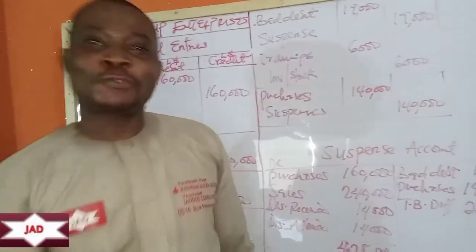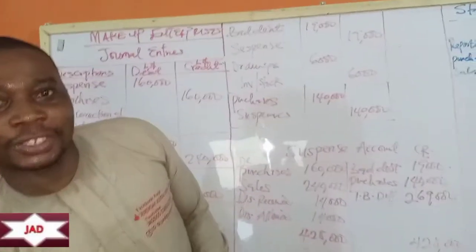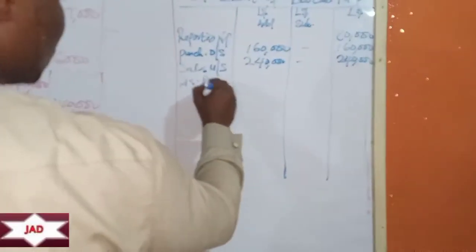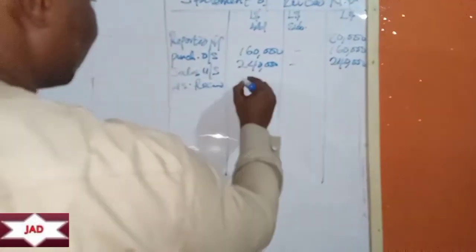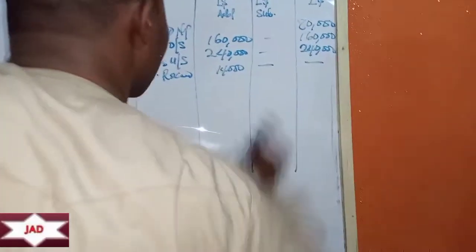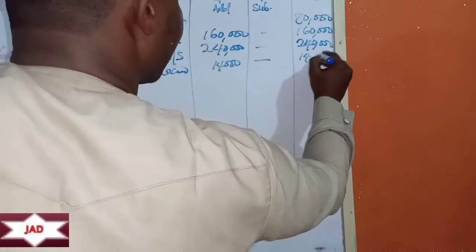You see? So if you understate the income, you understate the profit. So how do you correct that? You add. Okay? So we have discount received. How much? 14,000 Liberian dollars.